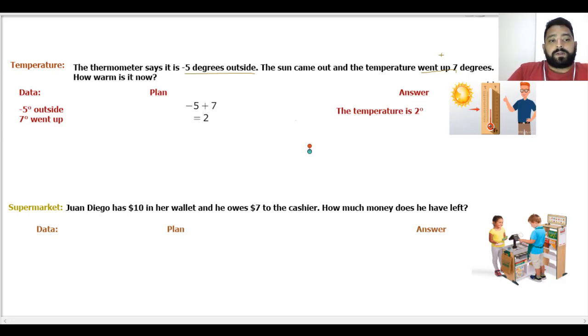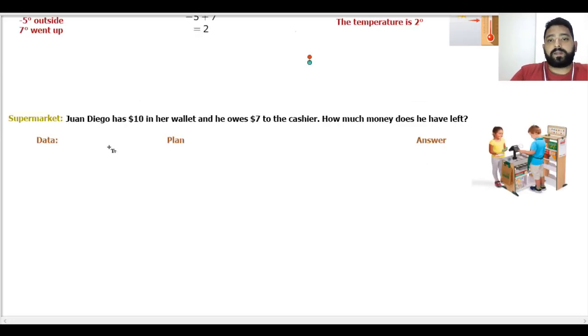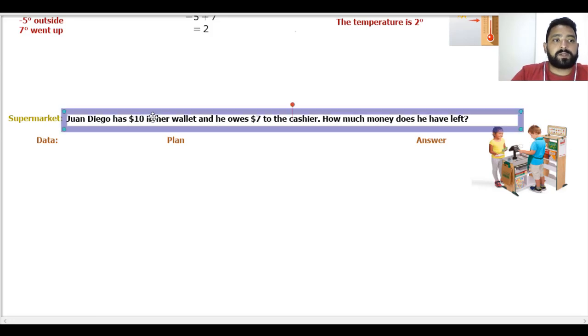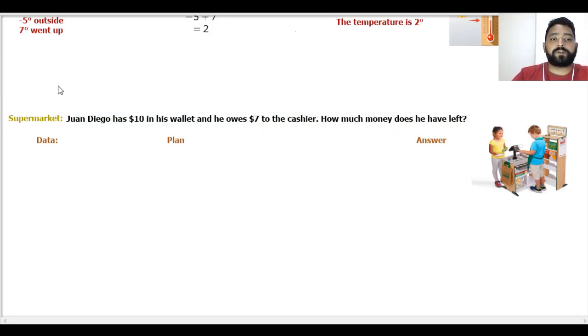Now with the last one, we have this word problem that says supermarket. Juan Diego has $10 in his wallet, and he owes $7 to the cashier. How much money does he have left? First, you need to identify those values. Here we have another keyword.